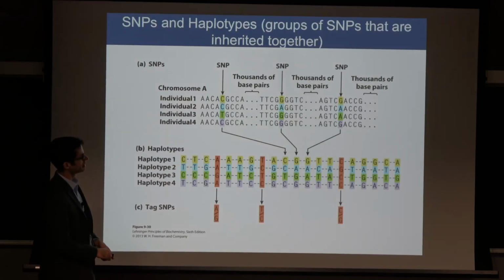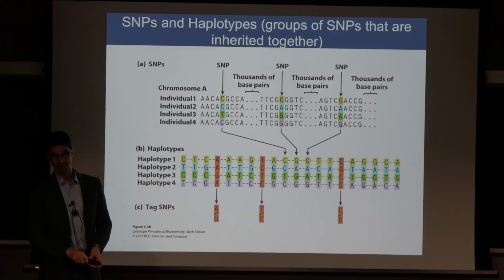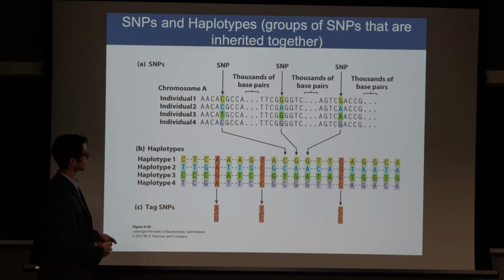Okay, so this is what the single nucleotide polymorphism genotype looks like. Suppose you have 4 individuals that are the same pretty much everywhere, like all human beings are, except for one SNP. This is a single nucleotide polymorphism where there is some difference between individuals.